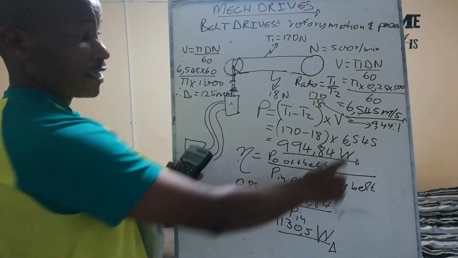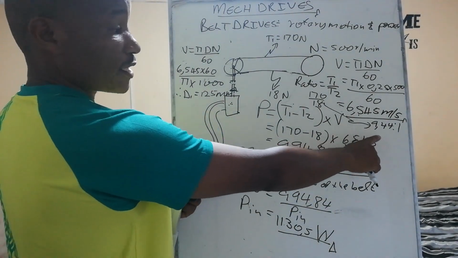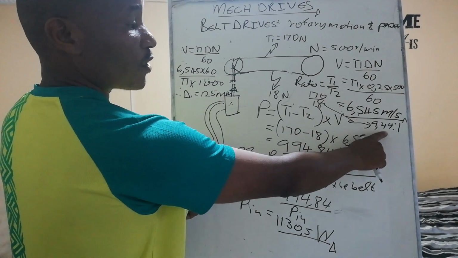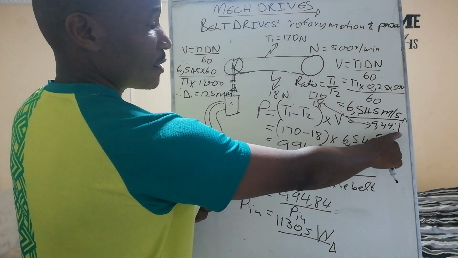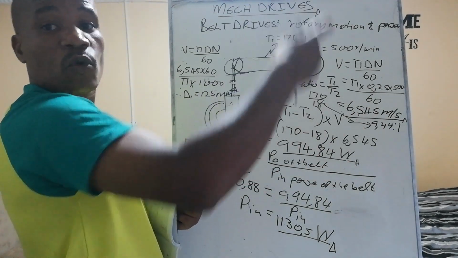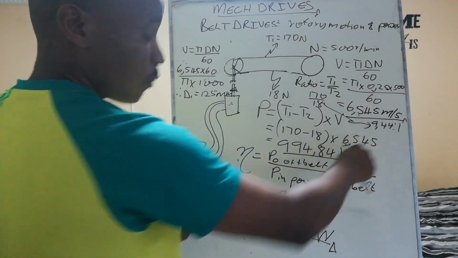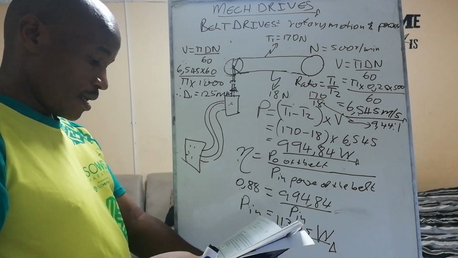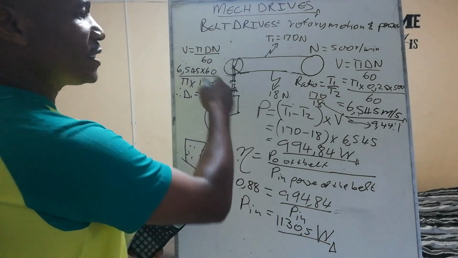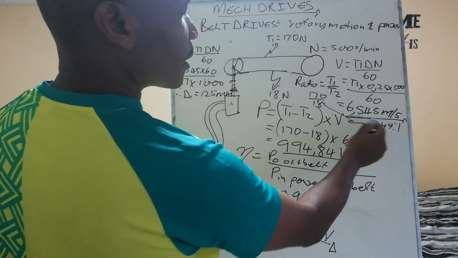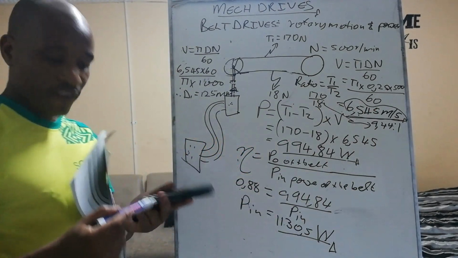What does that mean? The pinion gear rotates 9,44 times while that pulley makes one complete revolution. That's basically what that ratio says. And then it says the belt speed. We calculated the belt speed initially already, which is 6,54.